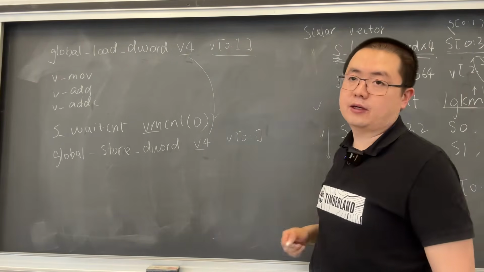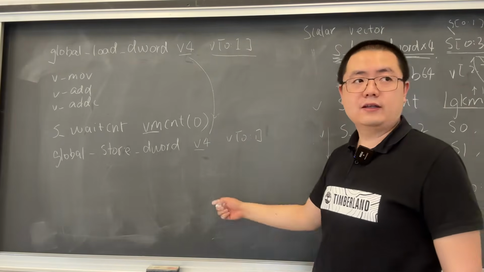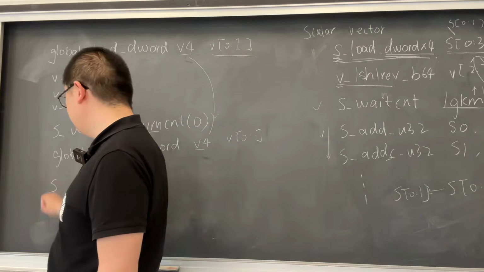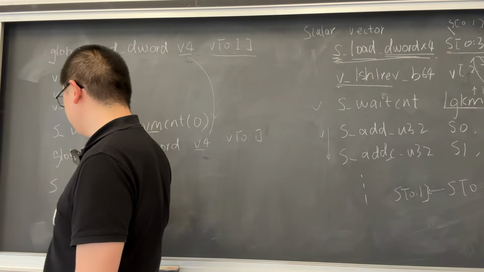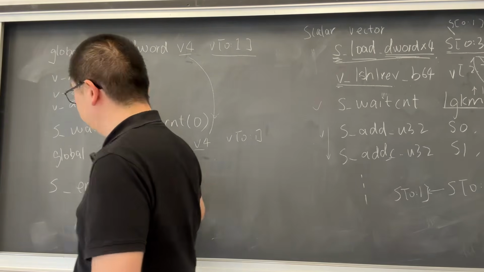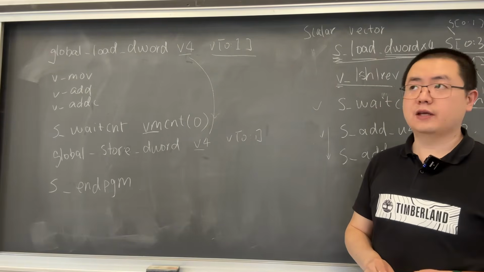So we directly store. Then we're done with this program. At the end, we always add a scalar instruction called end program. That's basically how this type of kernel is implemented.